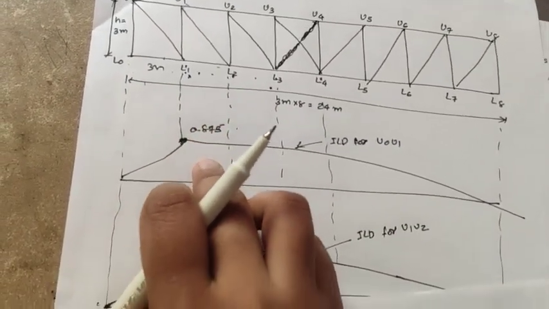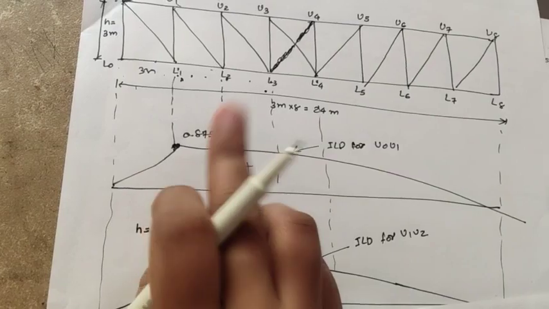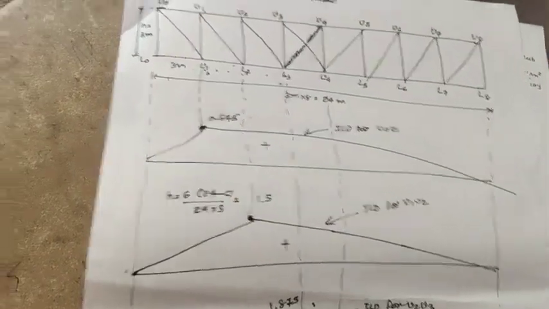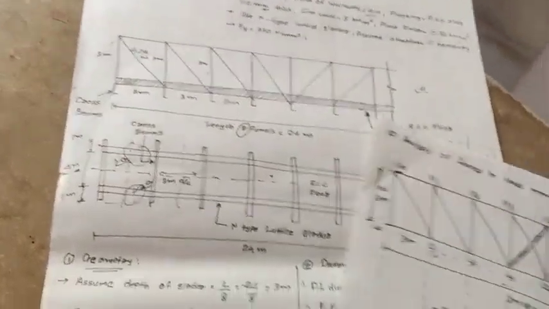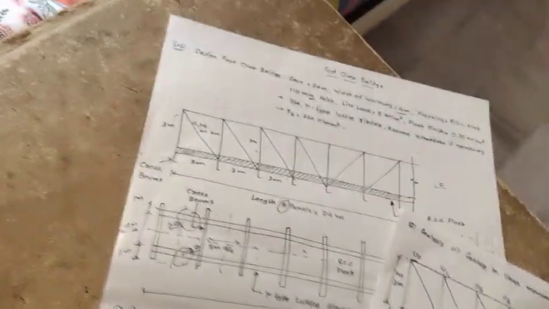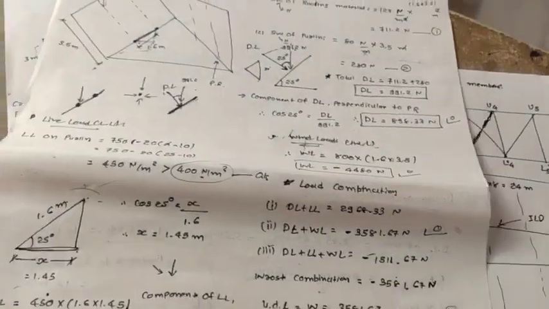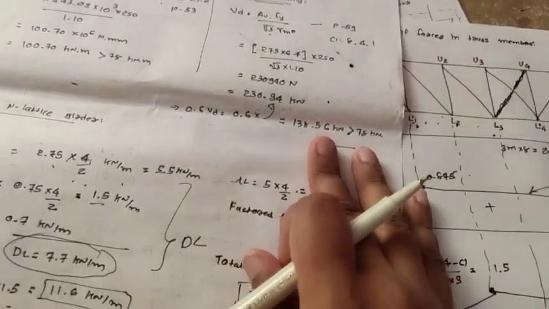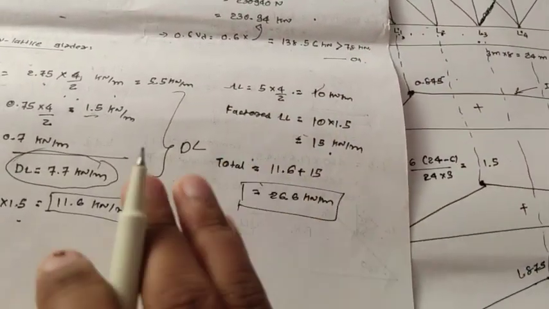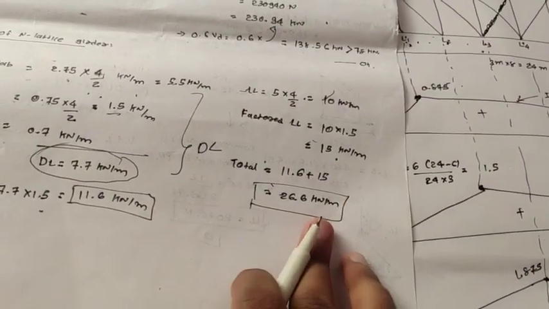Now for the total UDL, our total factored dead load plus live load is 26.6 kN per meter.